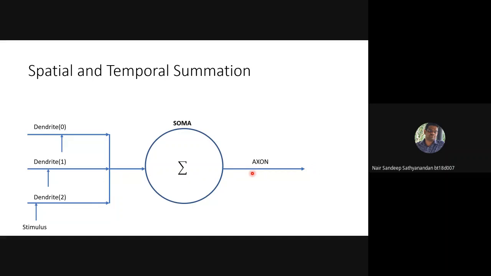One thing that I missed out is that in the axonal propagation, unlike dendritic propagation, we can see that the signal maintains its amplitude throughout. That is because of the nodes of Ranvier along the pathway.